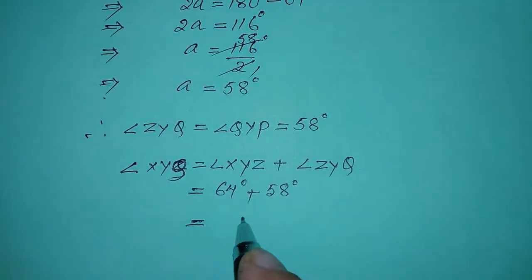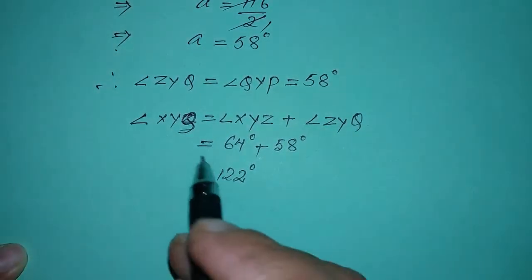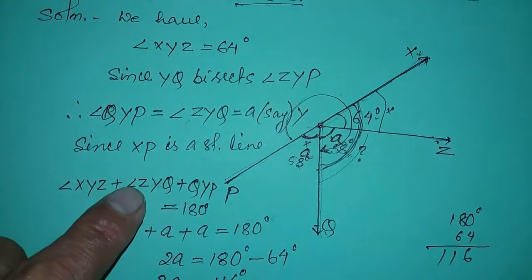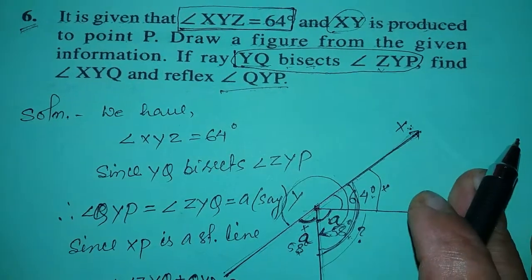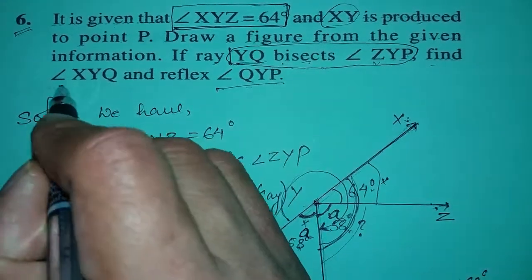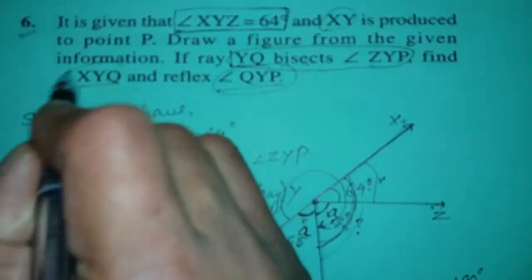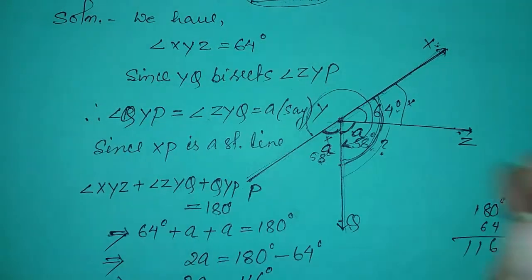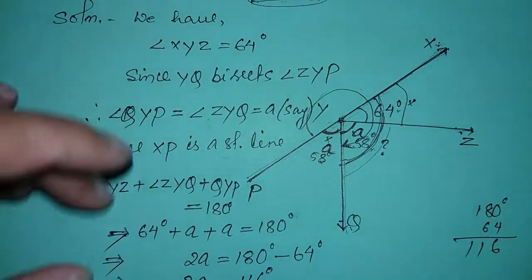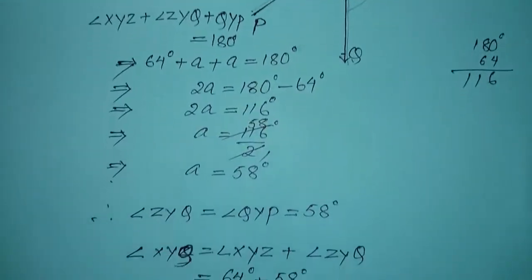So this is 122 degree. So we have got the first one, XYQ, and it is 122 degree.